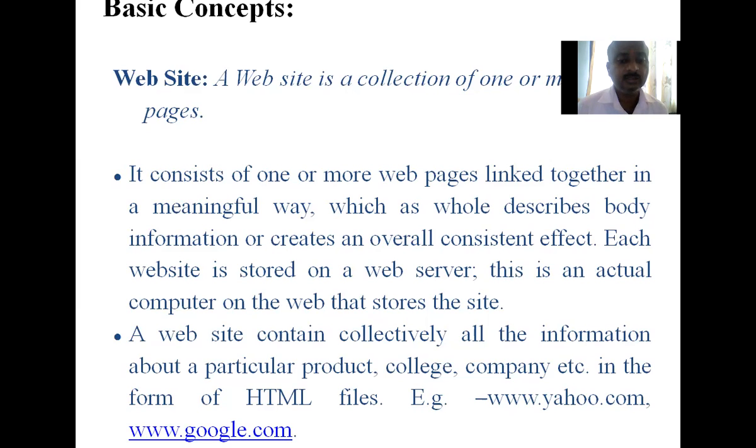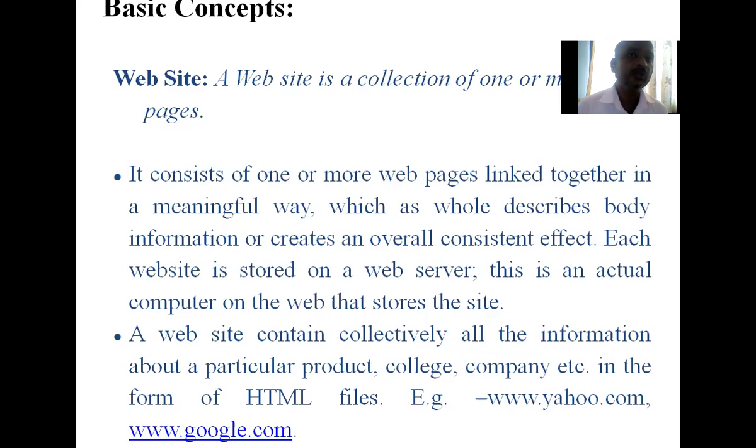A website contains collectively all the information about a particular product, that is colleges, company, etc., in the form of HTML files. For example, www.yahoo.com, www.google.com, these are the search engines or websites.